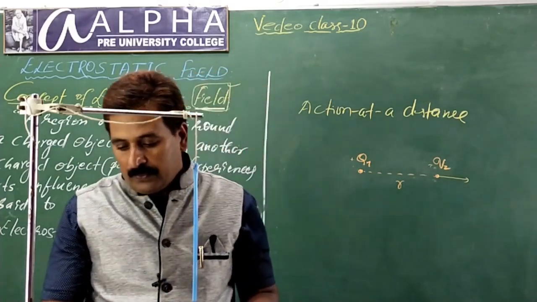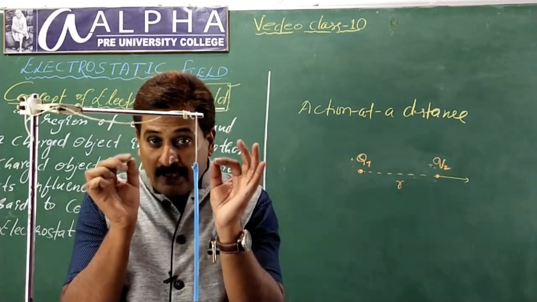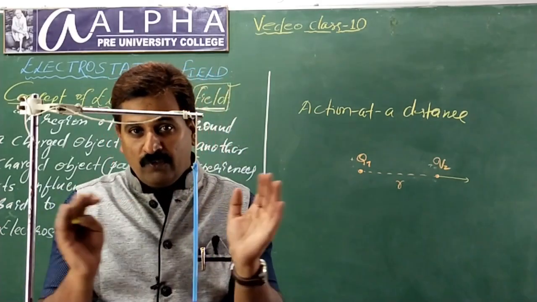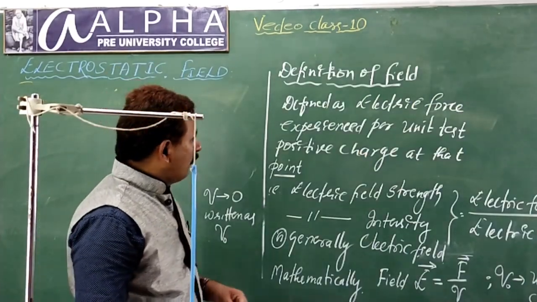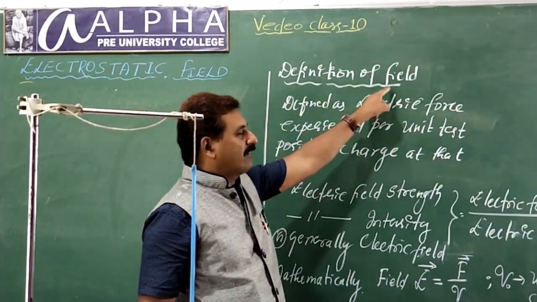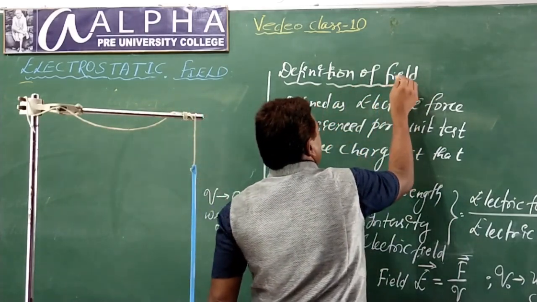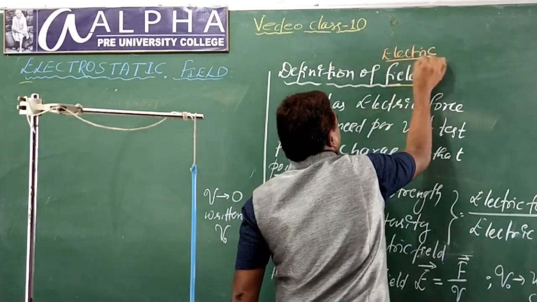I explained the concept of field in general and electric field in particular with some examples. I hope you won't forget this. Now we'll move on. Students, now let's come to the definition of electric field. The word electric is optional here in this chapter.